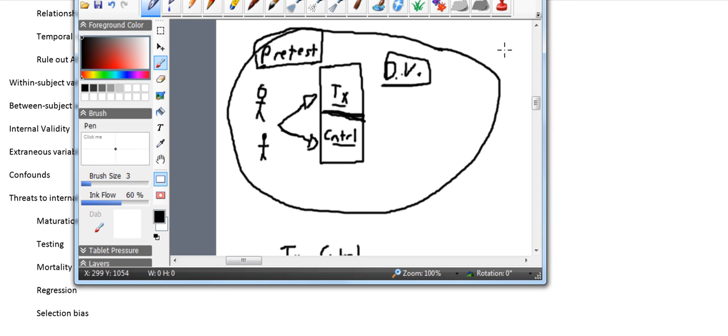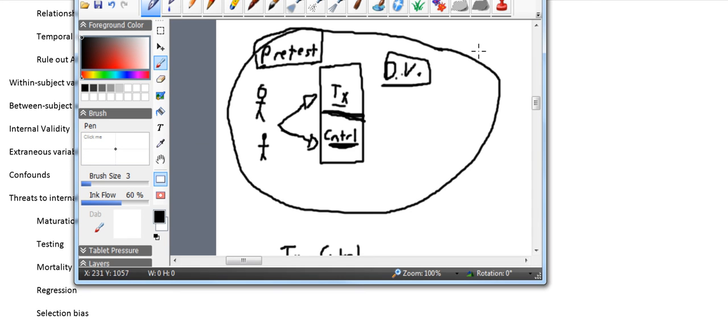The confound being that the people in the treatment condition always completed the assessment of social anxiety in the psychologist's office, and probably having the psychologist nearby affected how they responded to the social anxiety measure, especially after they've been receiving treatment from the psychologist. The people in the control group did it at home. So that varies systematically.